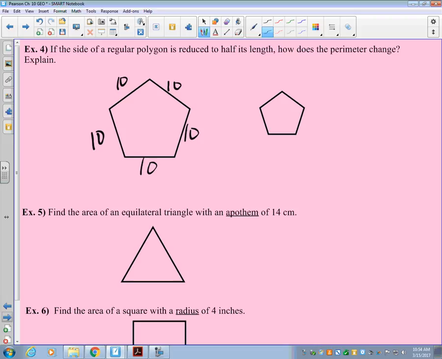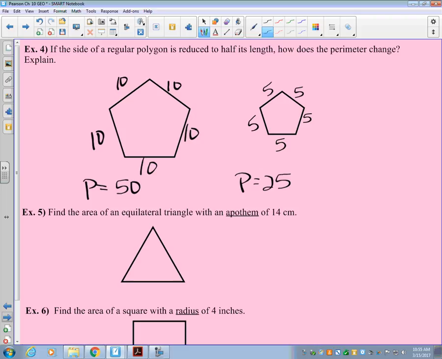So this little guy has a side length of 5. What is the perimeter of the big guy? 50. And what's the perimeter of the little guy? 25.